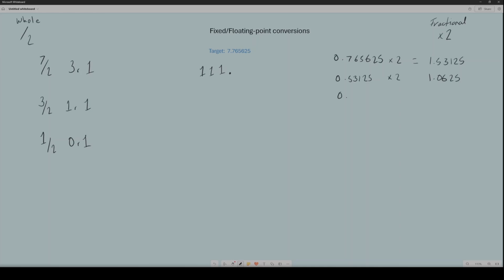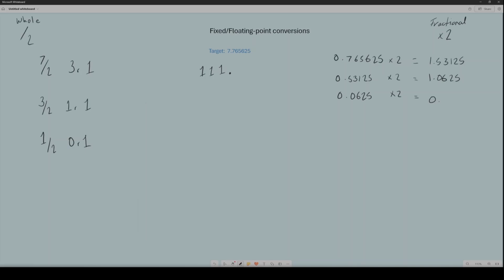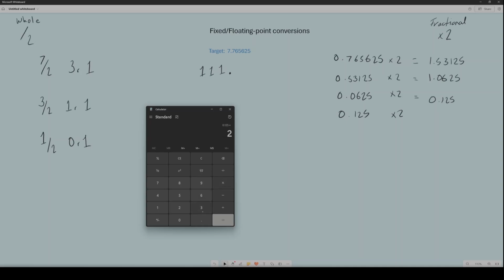Okay, so we take that value. Again, we only want the fractional part, so we start with the 0. We're just cutting that 1 off. We don't need it. Okay, so the next value, 0.125. So we're going to take that, and again we keep going until the fractional part, the part after the decimal point, is a 0.